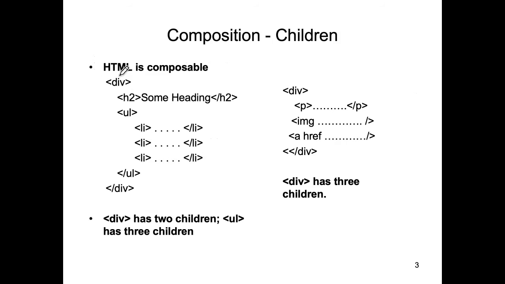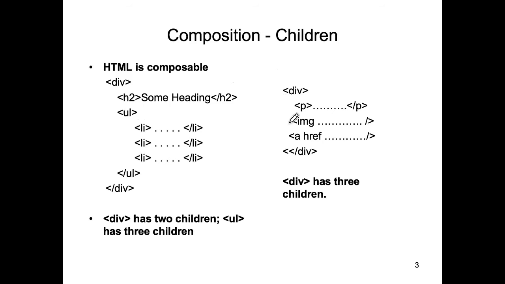So, for example, using the language of composition, I would say that this div on the left is composed of an H2 element and a UL element. And the UL element is composed of LI elements. On the right, this div is composed of a paragraph element and an image element and a hyperlink element. So that's composition in the HTML world.